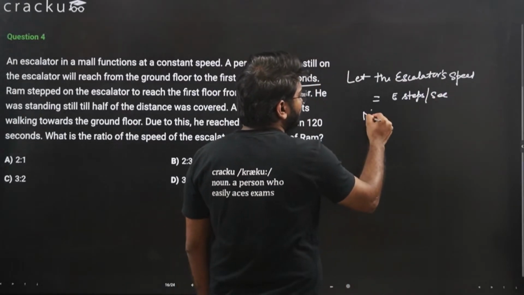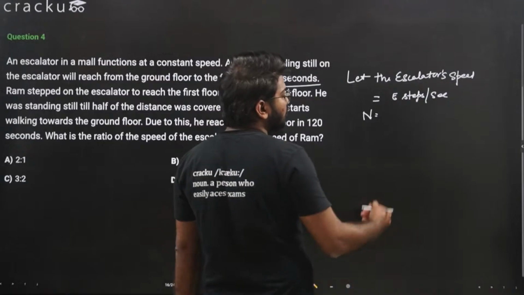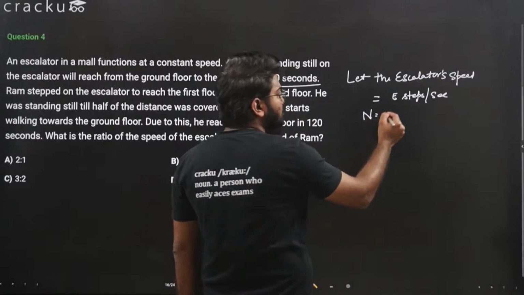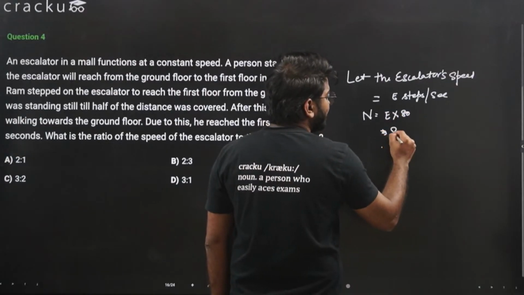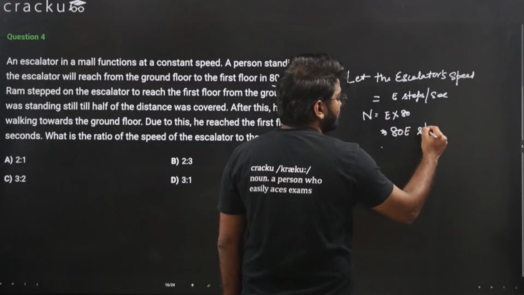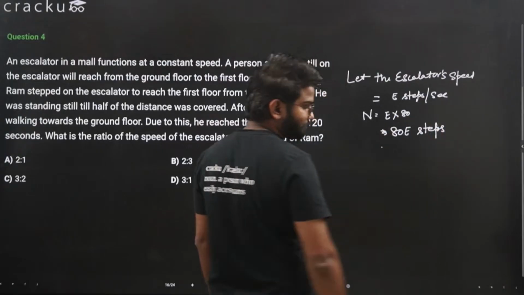So n, that is the total number of steps, is equal to speed into time. The speed here is E and time is 80. So there are total 80E steps on that escalator.